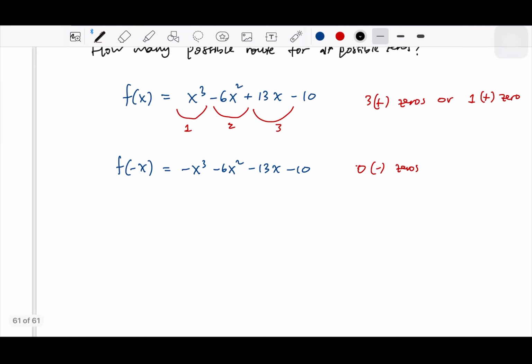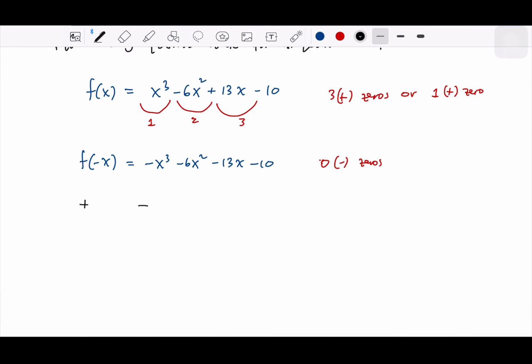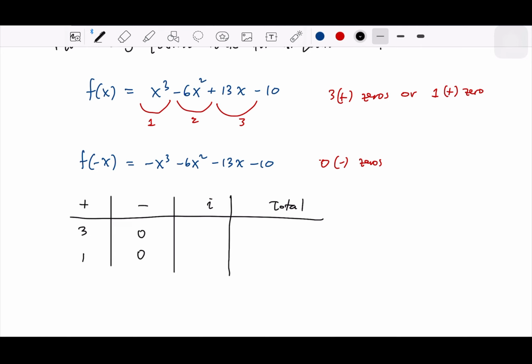And then the same way, we take a table. So we have 3 or 1, and both have no possibility of having negative zeros. And since it's the cube, we have 3.